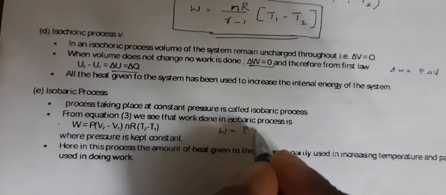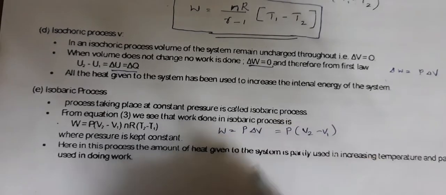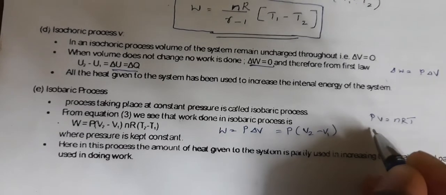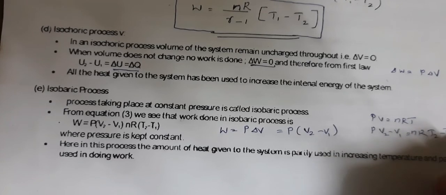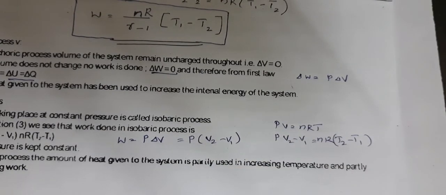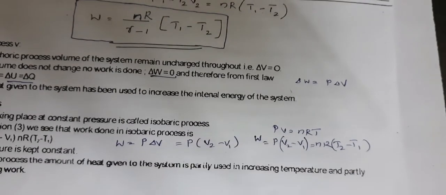Work done is P delta V, that is P into the change in volume, V2 minus V1. But PV is nRT, so P (V2 minus V1) should be equal to nR (T2 minus T1). This is also an equation for the isobaric process. W is equal to P into (V2 minus V1), equal to nR into (T2 minus T1). So these are the different thermodynamic processes involved.